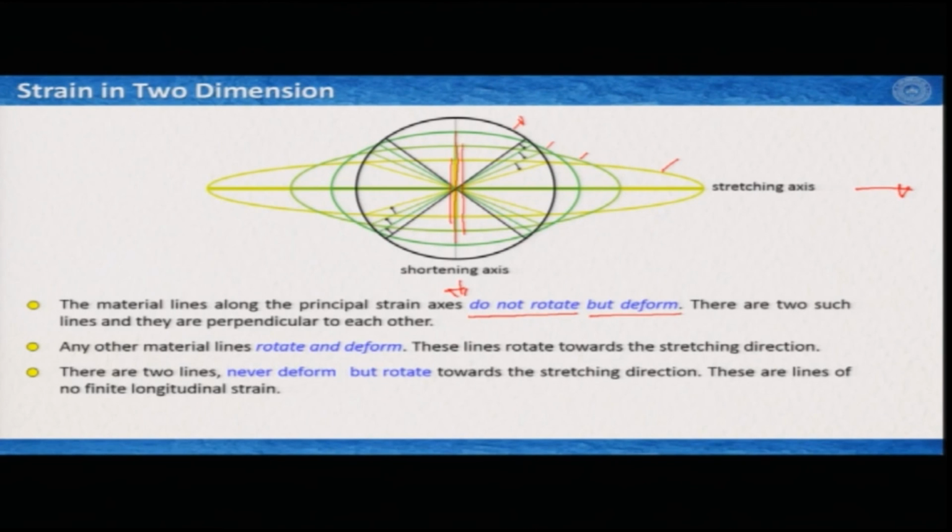In this case, you can see that for this circle it is at 45 degrees, and what happens with progressive deformation is that these lines do not change their length, they still are inscribed as the radius of this circle, but they continuously rotate towards the extension direction. So, in a two-dimensional strain ellipse, you have two lines that never deform but rotate, this one.